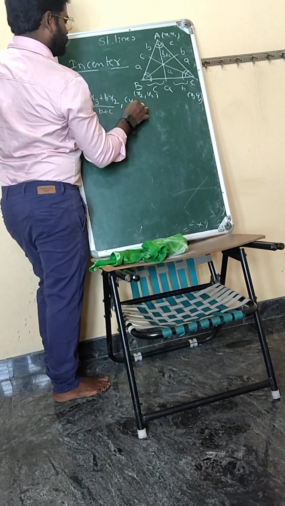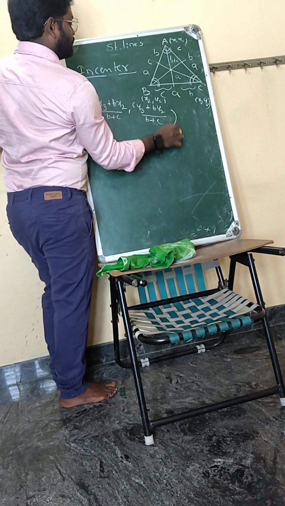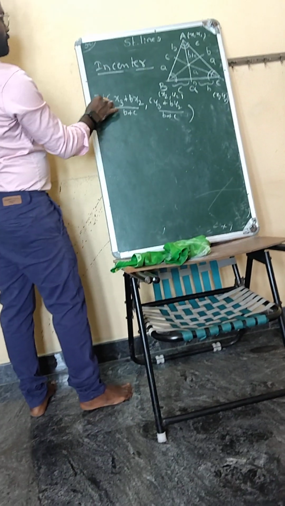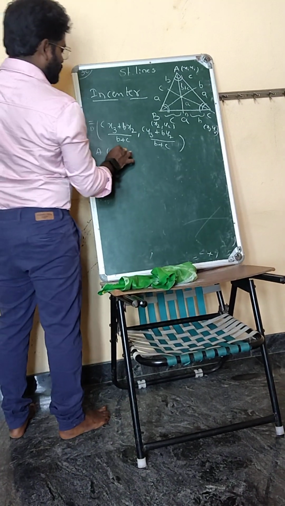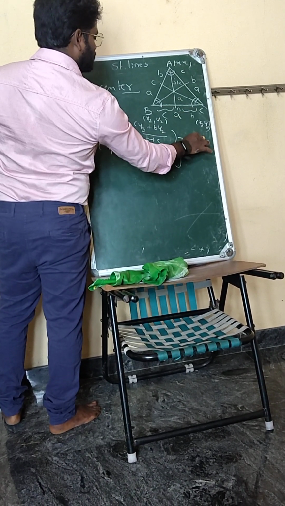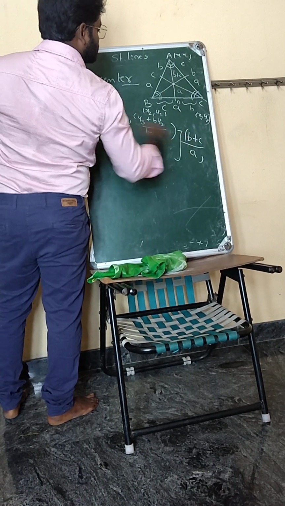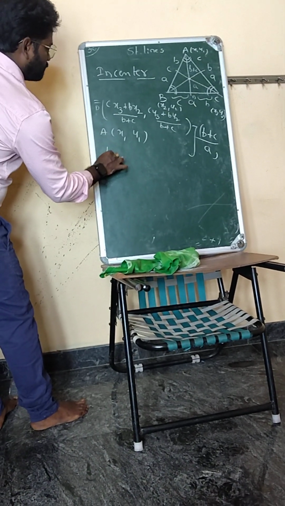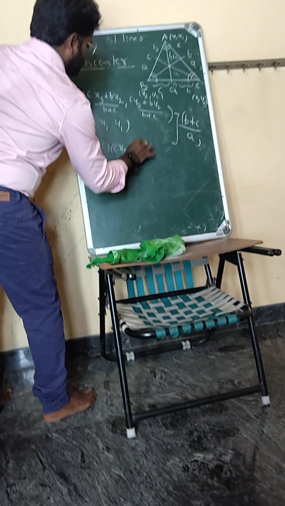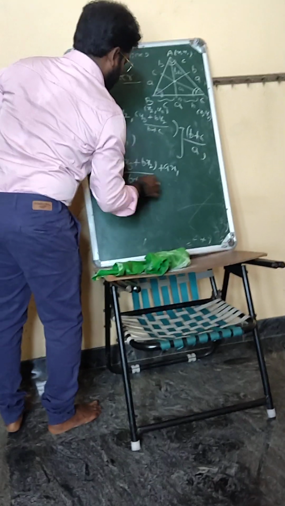Clear? Same, c y3 plus b y2 divided by b plus c, and same. And this is the point D. Point A is x1, y1. Both dividing ratio b plus c comma a. Dividing ratio b plus c into (c x3 plus b x2) divided by b plus c, plus a into x1.